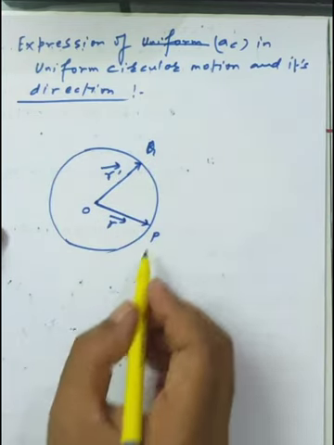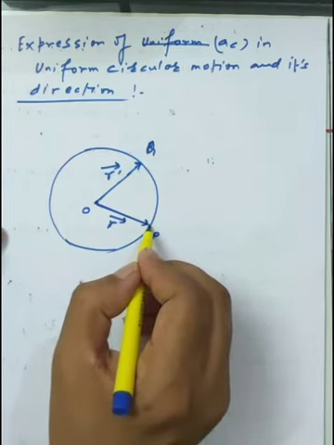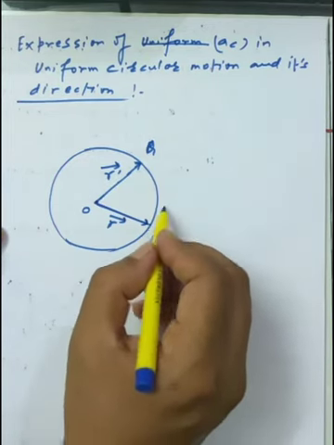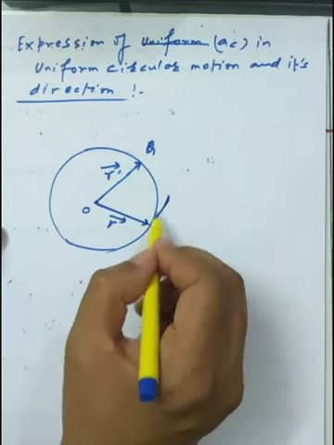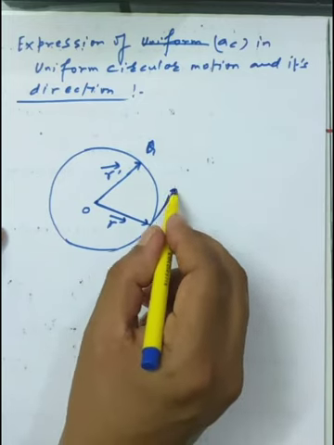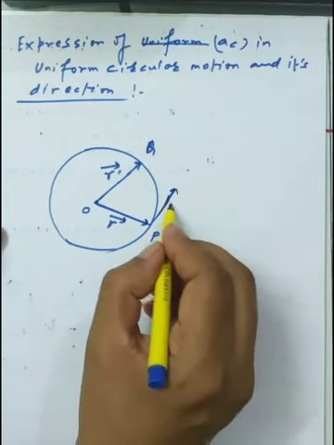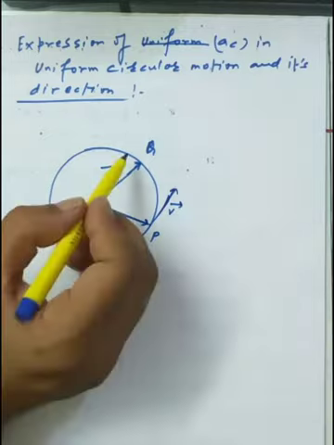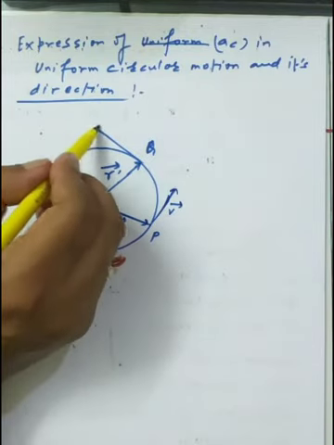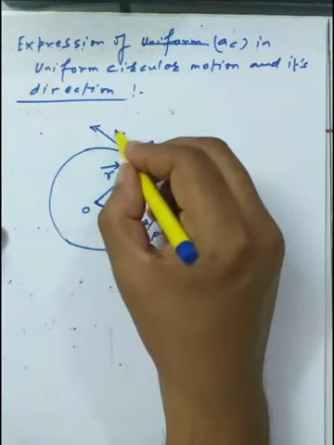Now as we know the particle is moving on a circular path, its velocity vector can be represented by the help of the tangent. So this one is called the v vector. Here we also have the velocity vector, called the v dash vector.